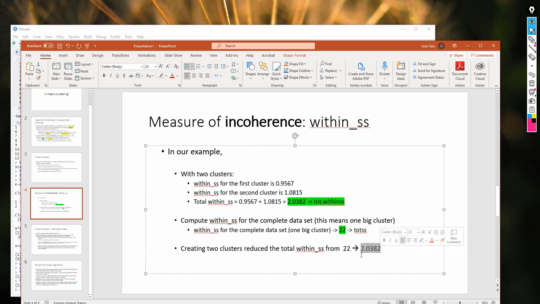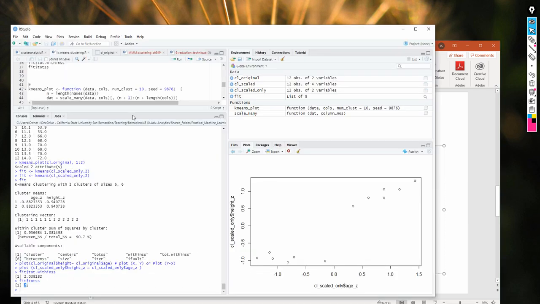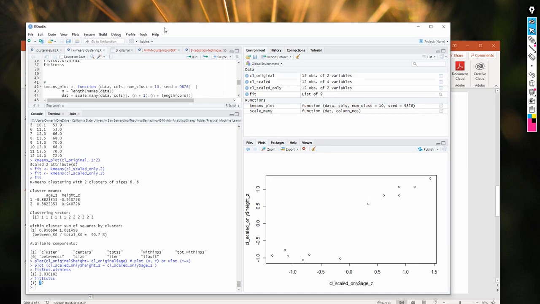And likewise, this totss is the total within SS without any cluster. So totss is the within SS for the complete data set. Those are the ones I want you to know.